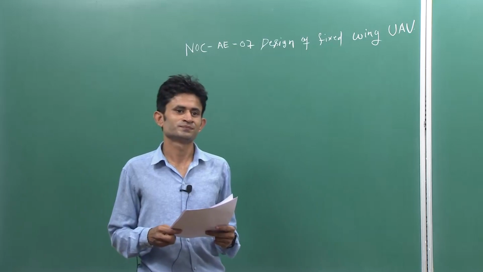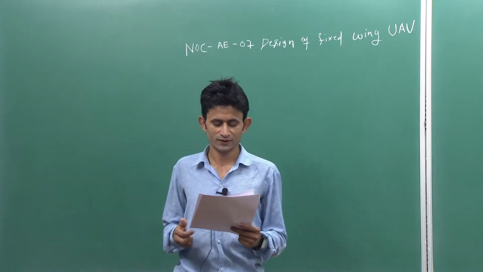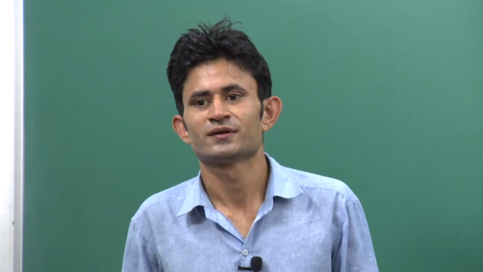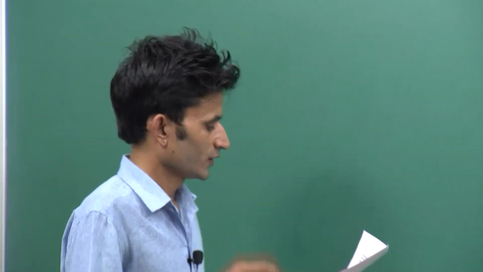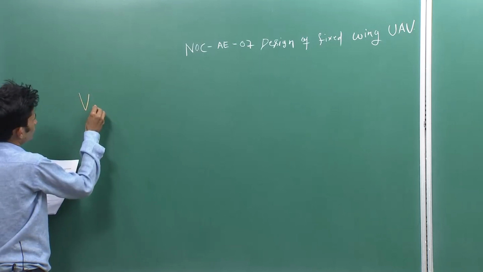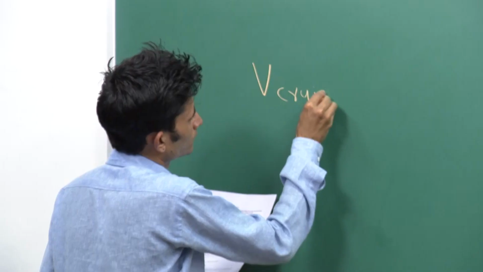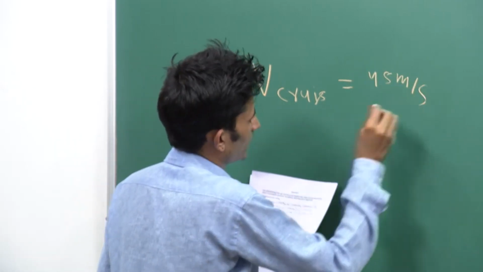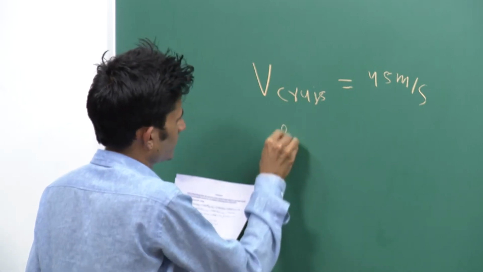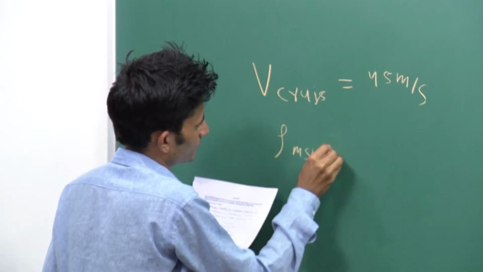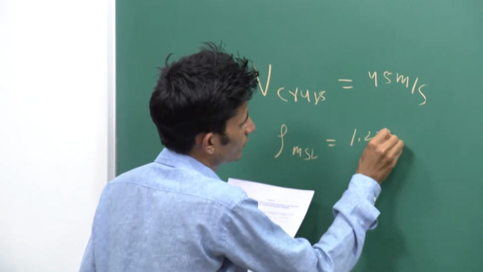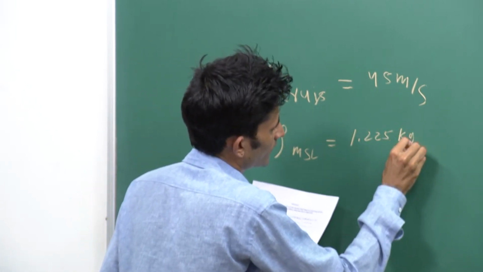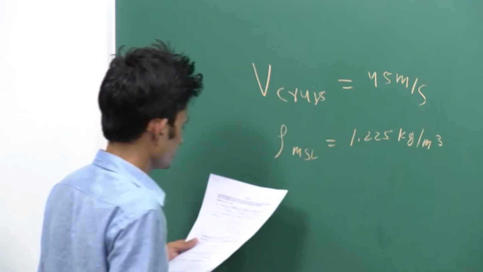Today we will discuss some problems which we made based on the last lecture which sir talked to you. So let us start with the problem. The data is given: cruise speed is 45 meter per second and density at mean sea level is 1.225 kg per meter cube.